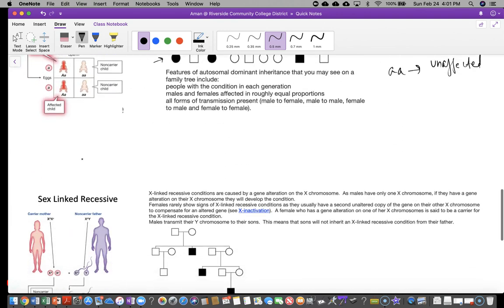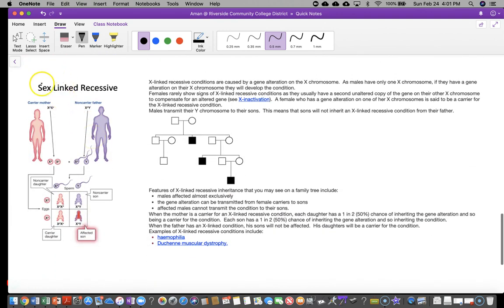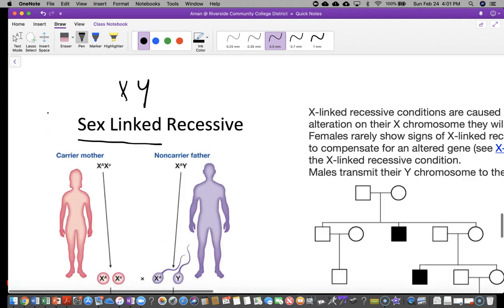When it comes to sex-linked inheritance, why do we first of all call them sex-linked? Because they are linked to chromosomes X and Y. So the special thing that you're going to notice here is that when we're writing down sex-linked inheritance, we always label them as X chromosomes, and then we show capital A or small a. So let me zoom this in so you guys can see this more clearly.